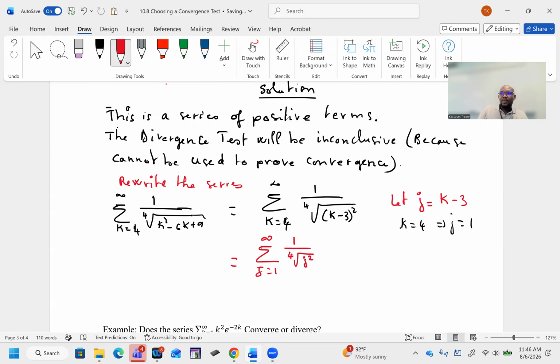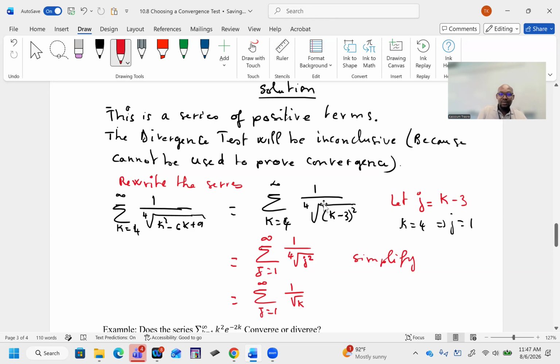All right. And of course, we can see the square and the 4th root will simplify. So simplify. If you want, you can change your j to k once you do your substitution. We get the sum of 1 divided by the square root of j.